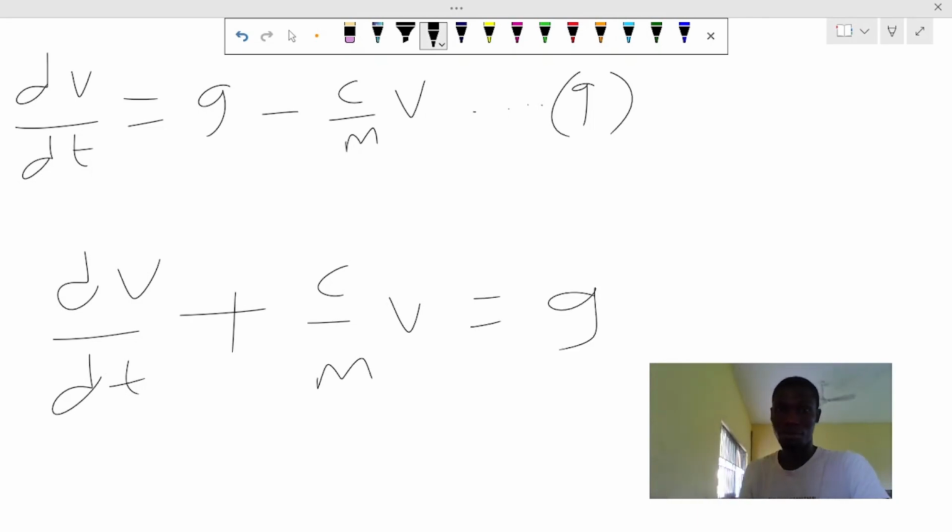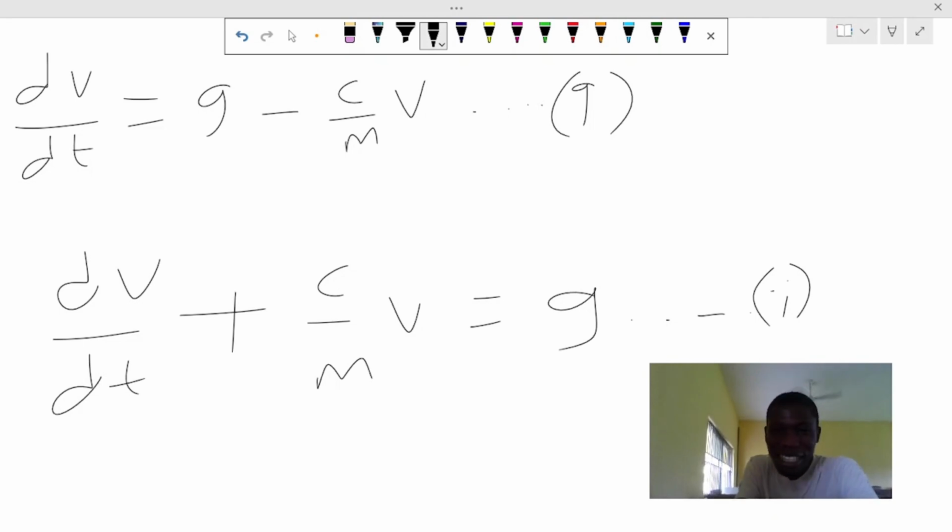This is not equation 10, okay? Equation 10 is what we'll end at. Let me name this equation I, and leave it at that.